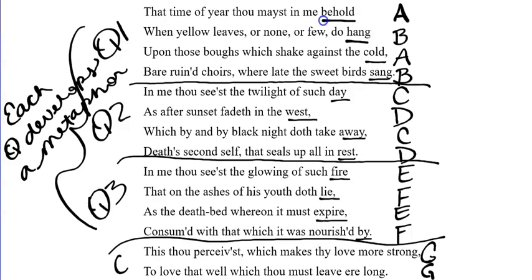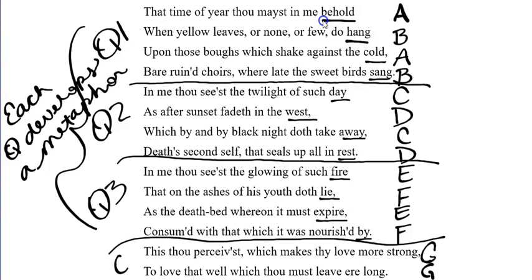So as we read this, we're going to break it into quatrains so that we can look at each metaphor. He is going to compare himself to 3 different things. I'm going to first identify what he compares himself to in each quatrain, and then we're going to look at some of the details.